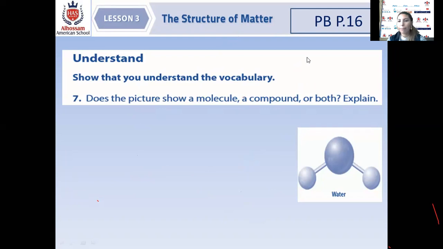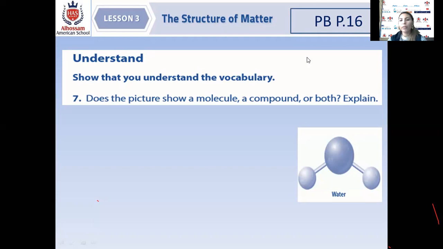Marwan: both, because water is made of hydrogen and oxygen, 2 atoms of hydrogen and 1 atom of oxygen, chemical formula H2O.